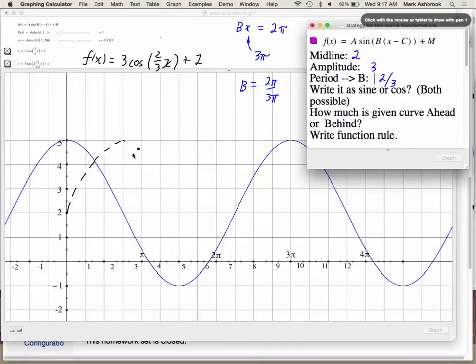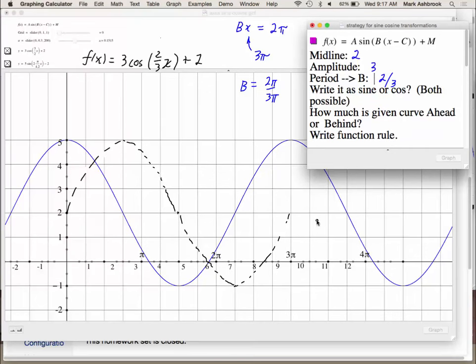Okay, and then in the next quarter period, back to the midline, and then it goes to the min, we know, in the third quadrant. So this would be an unshifted sine.